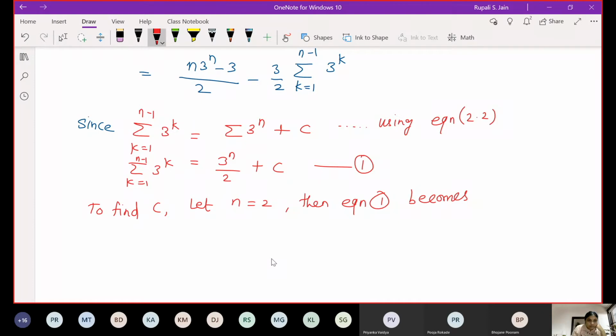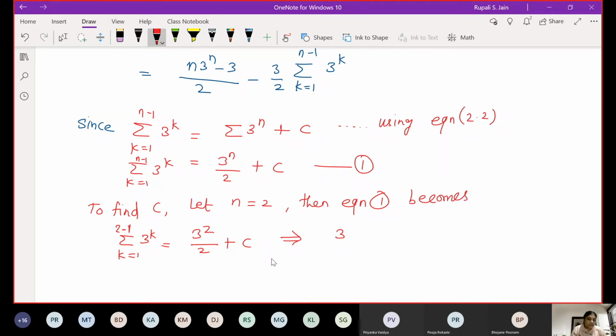Or I have to write summation k is equal to 1 to 2 minus 1 of 3 raised to k, which is equal to 3 square divided by 2 plus c. If I simplify, this side is 3 only, because summation k is running from 1 to 1.